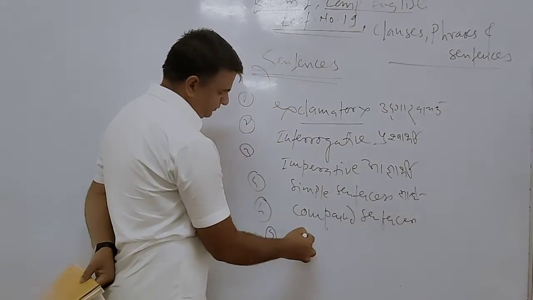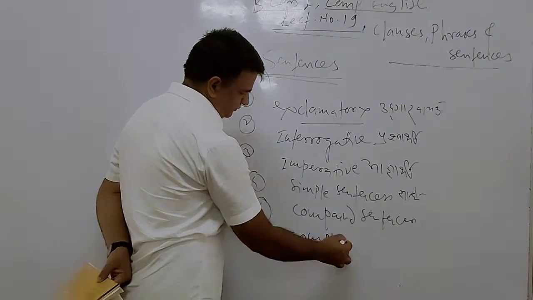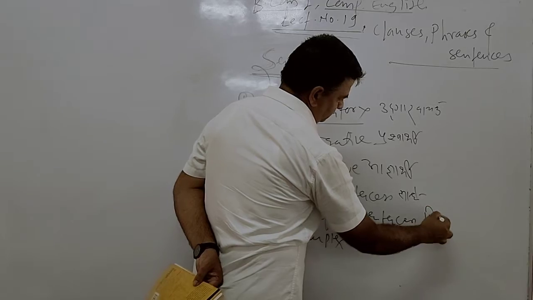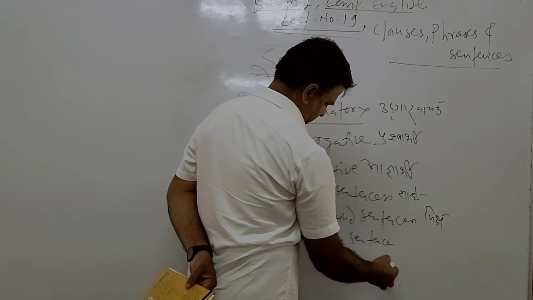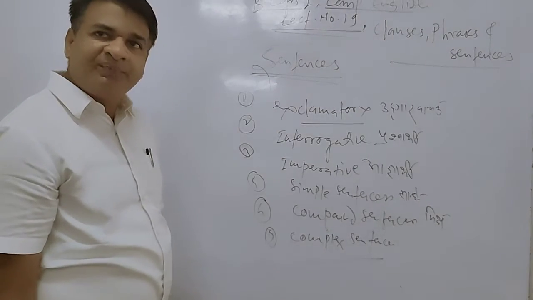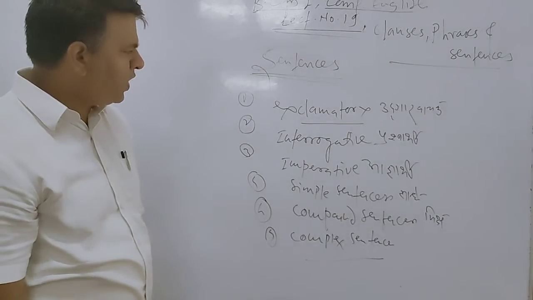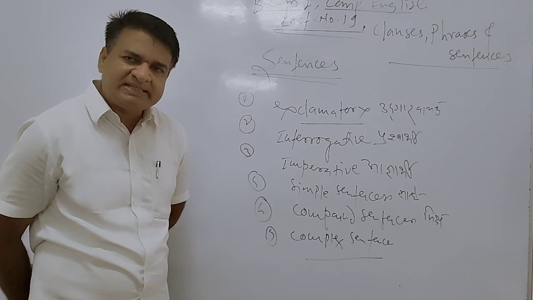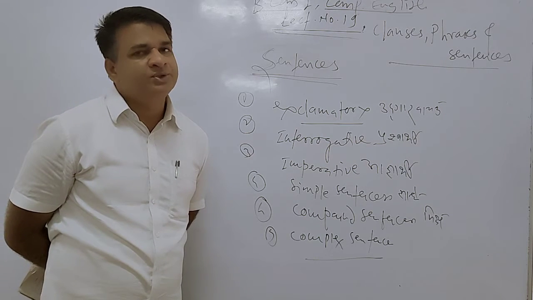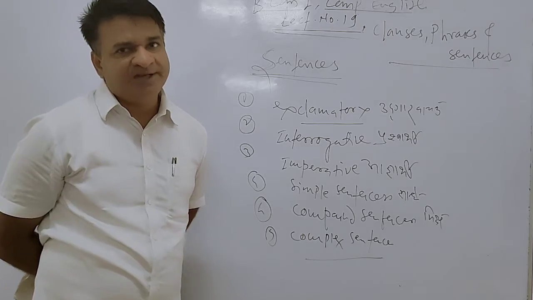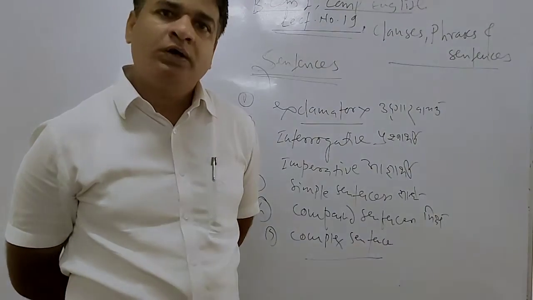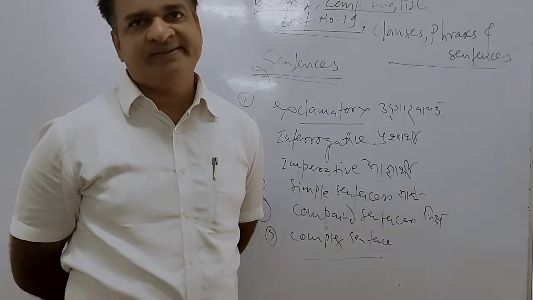Then we have complex sentences, affirmative sentences, and so on. There are so many types of sentences, so when an example is given to you, you have to identify whether it is a sentence or a phrase or a clause.